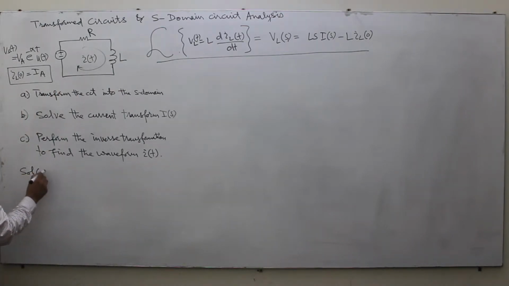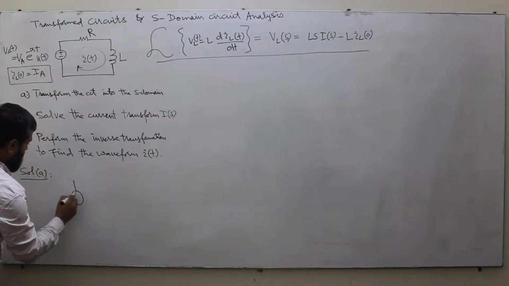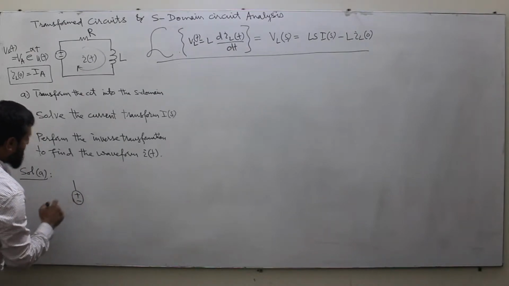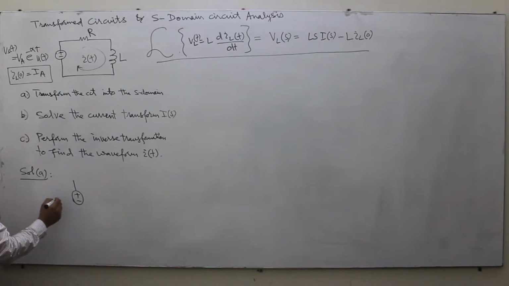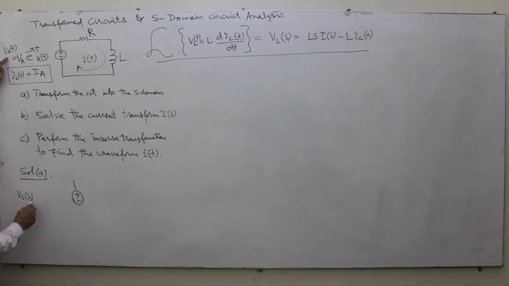Solution for the A part: the voltage source will remain the same as we have already talked about today. However, here Vs of S will be equal to Va into e to the raised power minus alpha t.